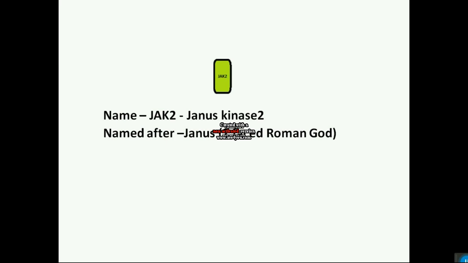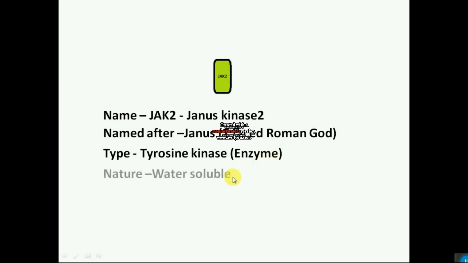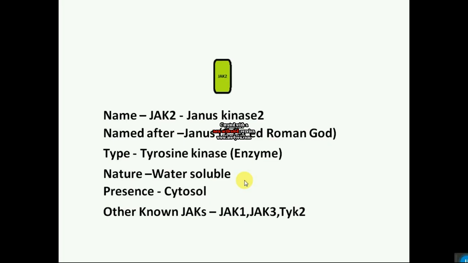It is a type of tyrosine kinase enzyme and it is water soluble in nature. It is present in the cytosol of the cell, and other known JAKs are JAK1, JAK3 and TYK2. TYK2 stands for tyrosine kinase 2.